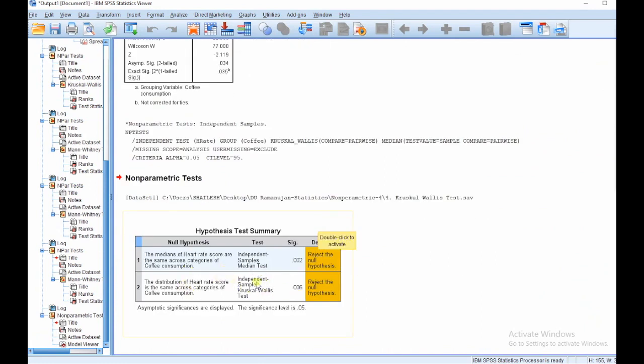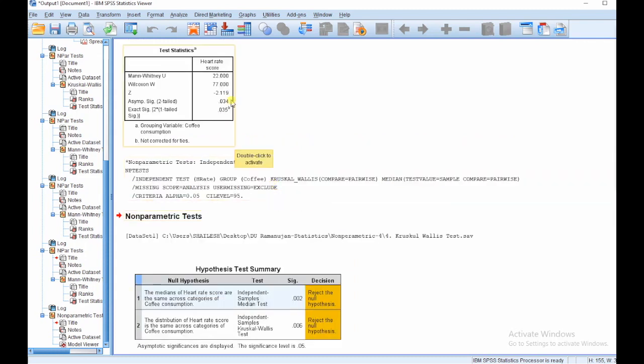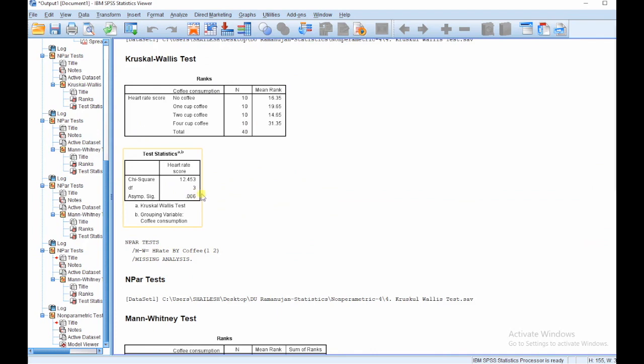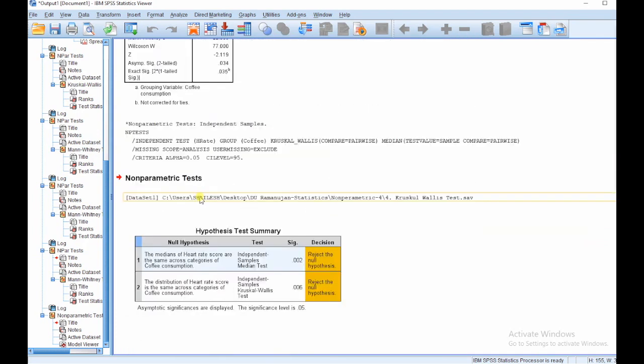So this is my result. What is the Kruskal-Wallis test p value? It is less than 0.05. In the earlier case my p value was 0.006, and through this method it is also 0.006.